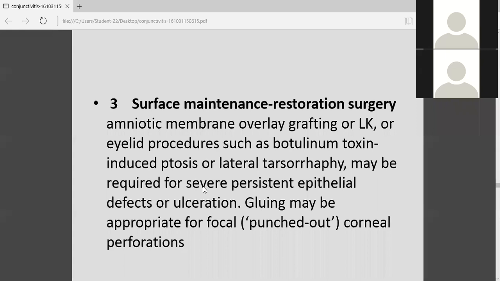Or you can even use the amniotic membrane grafts also. Okay, the amniotic membrane grafts are also helpful.